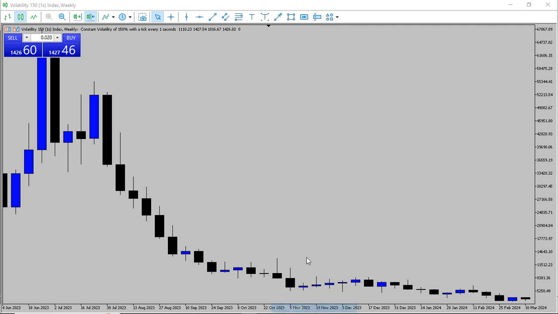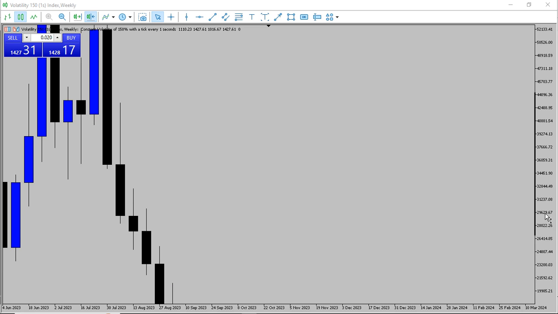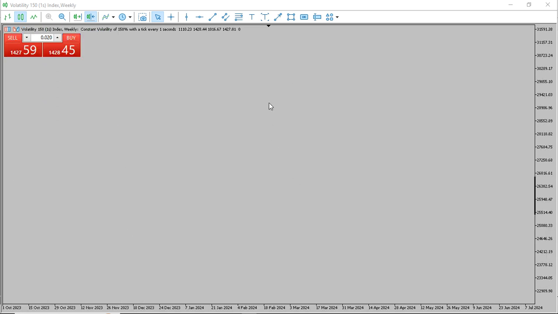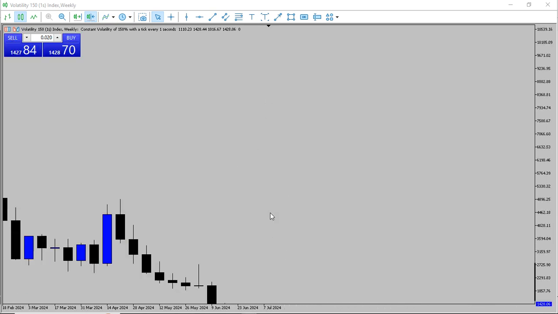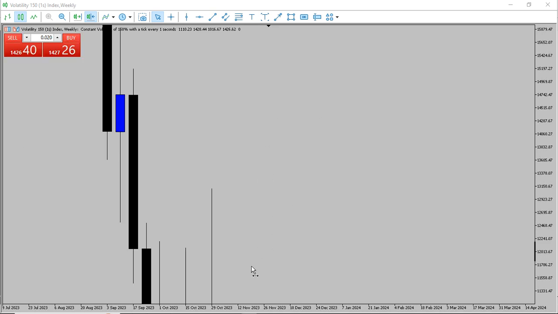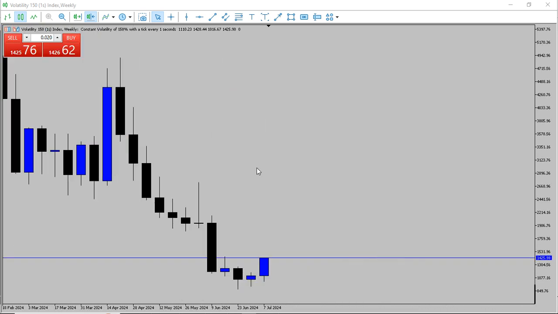But when I go to properties and put on my scale fix, I can expand this as long as I can. I know most of us don't know that, but I just showed you. So that's what I do. But the problem is if you expand too much, you find it difficult to look for what you want to look for, so you have to go back, deactivate it and activate it again.